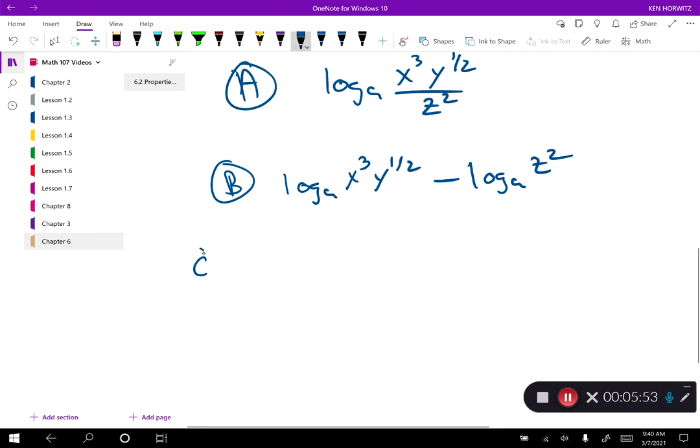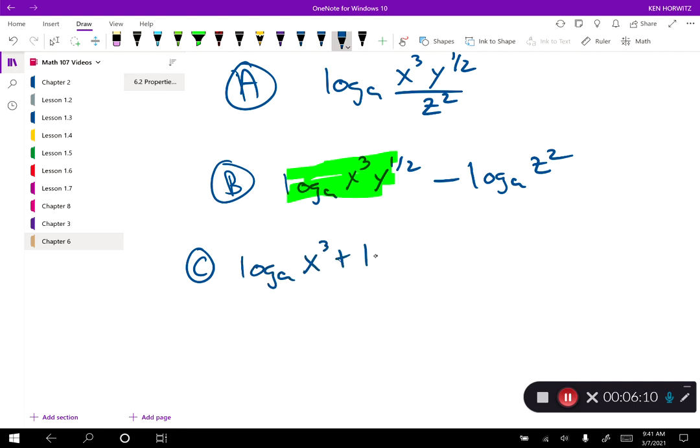So my next step, I'm going to use my product property with my first term. My second term is going to stay the same, but that first term we can split up. So I'm going to say the log base a of x cubed plus the log base a of y to the 1/2 minus the log base a of z squared.